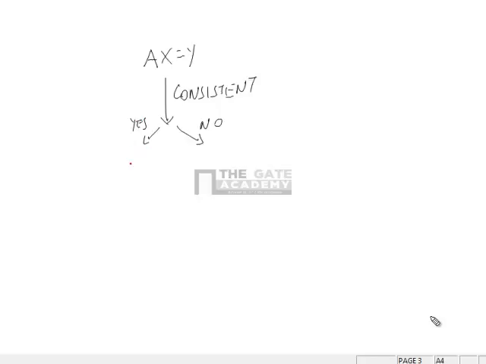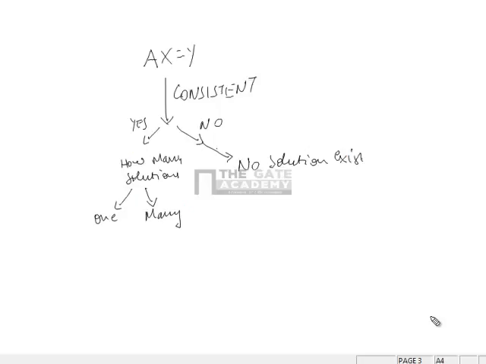If the system is consistent, I need to ask how many solutions, one or many. No solution means the system is not consistent. This is the flow chart for solving this type of problem. This is the decision we make step by step.